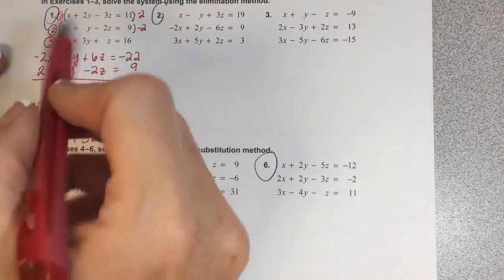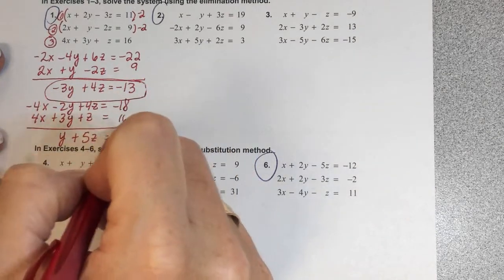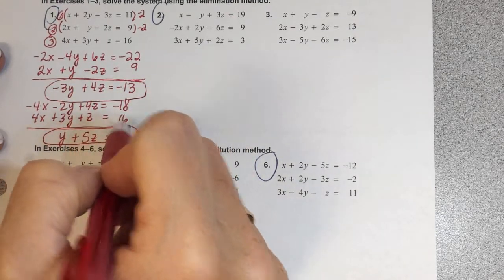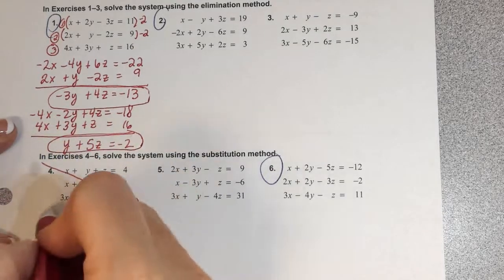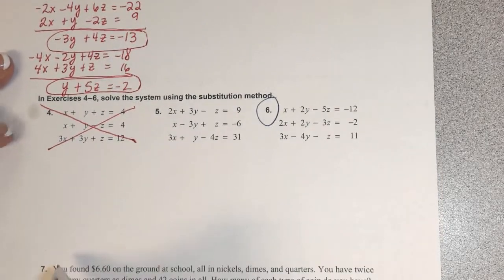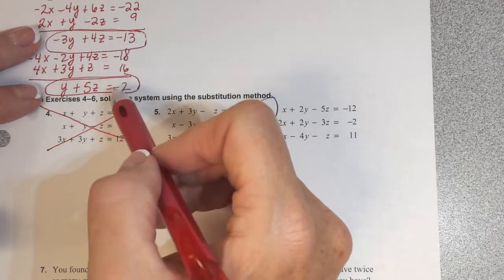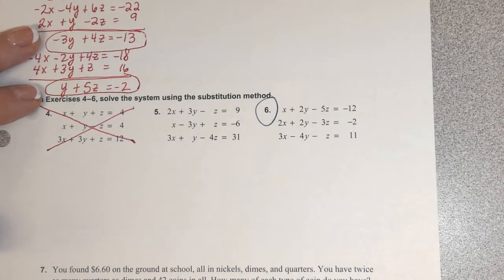So now what I have is this equation and this equation. We're not doing number 5, so you can just exit out and continue straight down. So now with these two, I want to eliminate a variable. What would be the easiest to eliminate at this point?